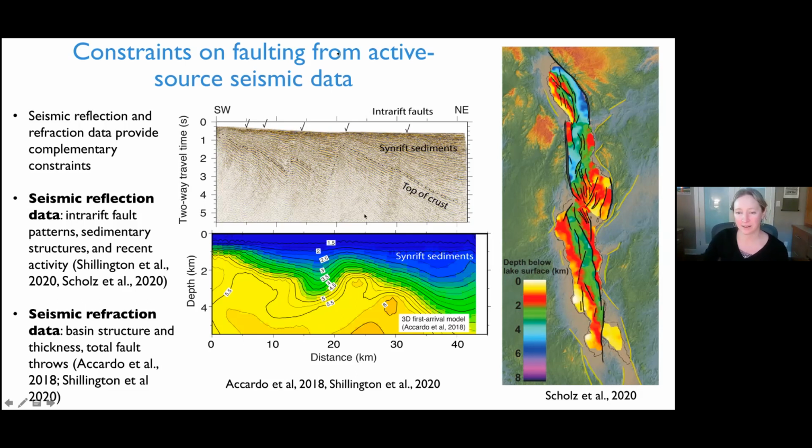So we can combine these to develop models of the thickness of sediments and locations of faults. On the right-hand side is a nice paper from my collaborator, Christopher Schultz, showing both the thickness of the sediments and faults across the whole of Lake Malawi from a combination of seismic data and some existing legacy data. But as I said, we're going to zoom in here on the North Basin.